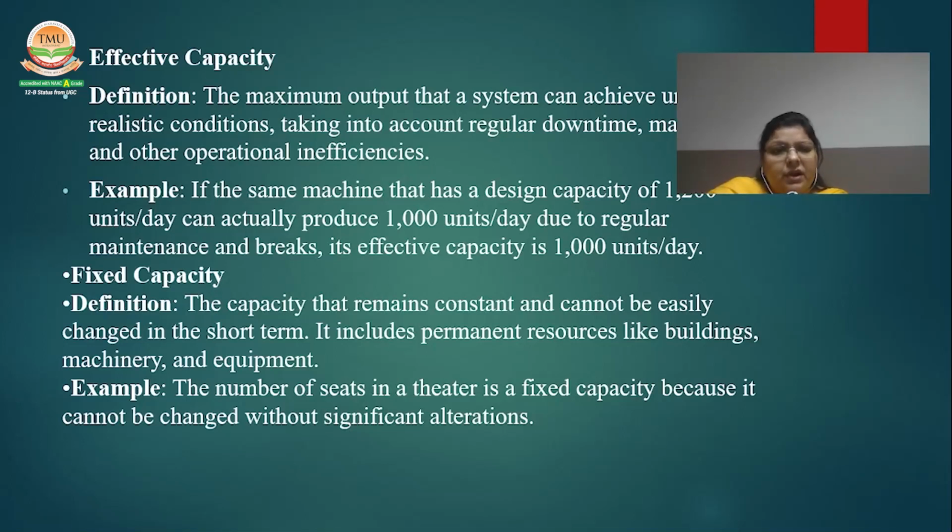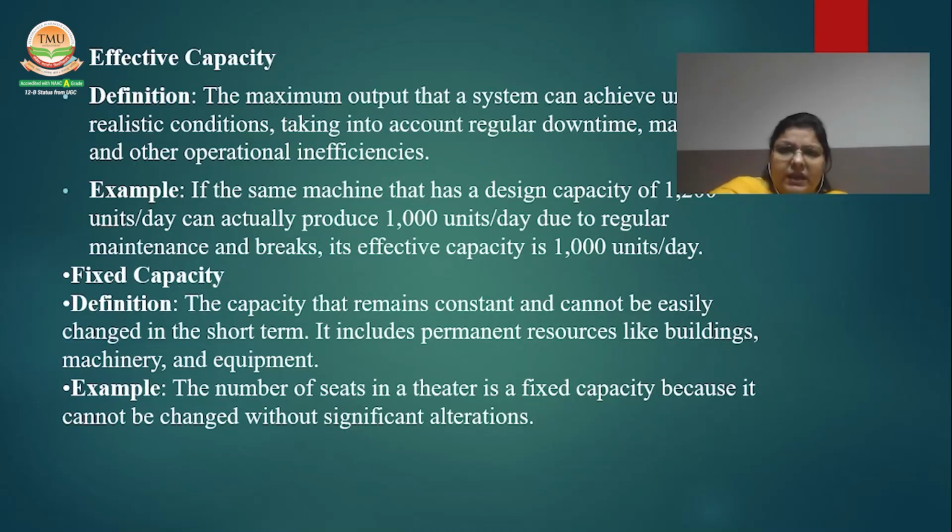You can also understand it by the example of the number of seats in a theater. It is a fixed capacity, because it cannot be changed without significant alteration. So the tickets which you are selling for movies, we can say, the highest production of your movie theater is this.